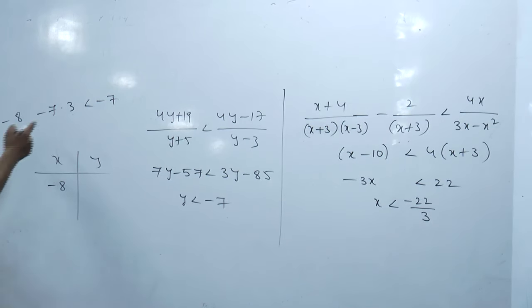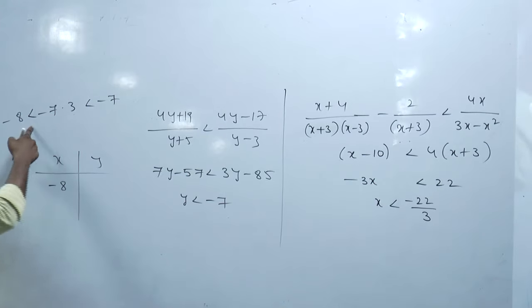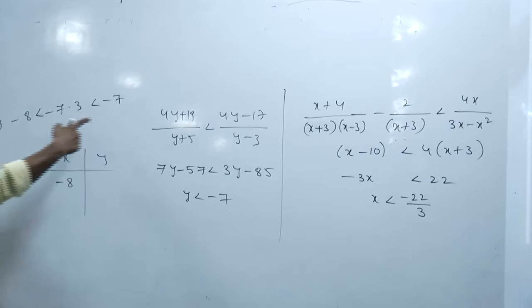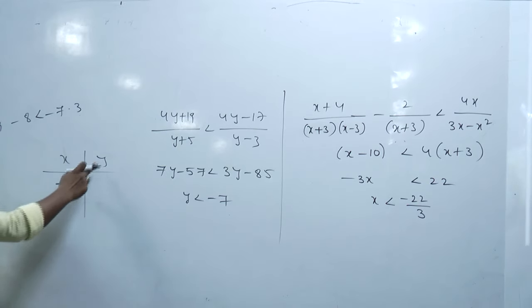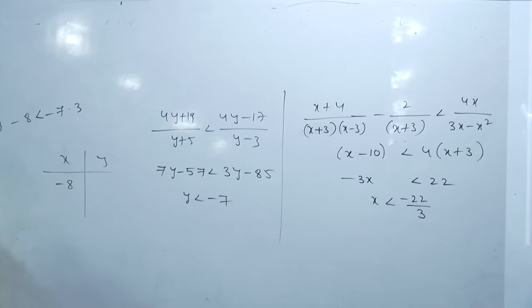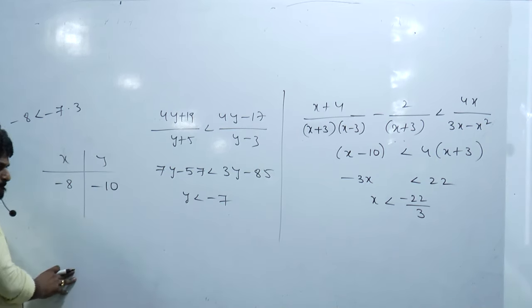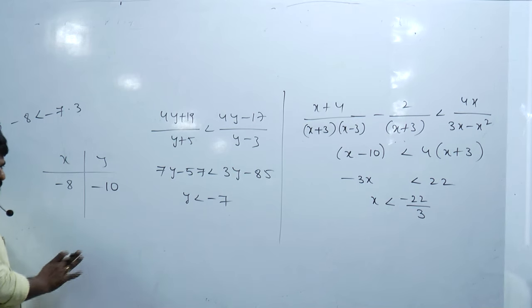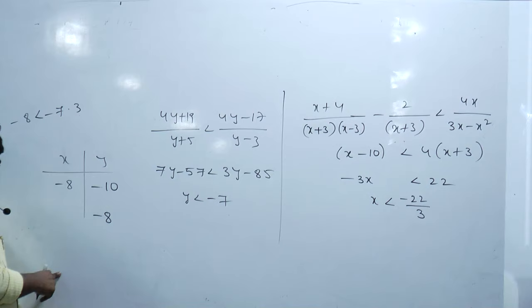Yes or no? So our value should definitely be less than -7.3, in the sense you can take numbers from here but not -7. The y value is less than -7. Let me take -10 here. Is that okay? I can also take -8 for the y value.